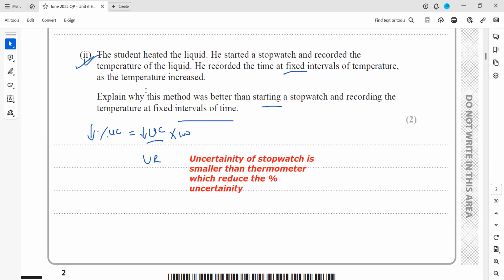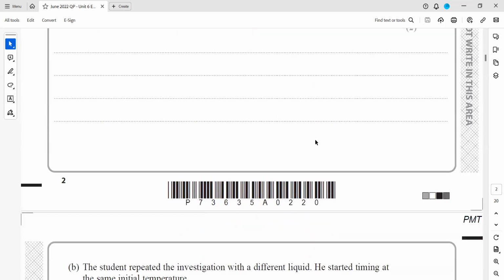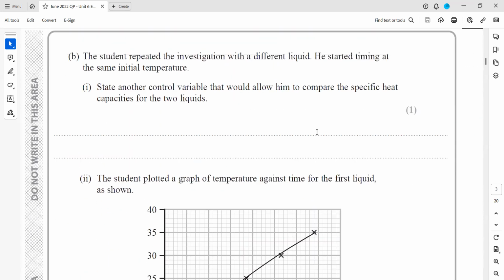So using a stopwatch, which has a smaller uncertainty or least count, will reduce the percentage uncertainty in the readings.